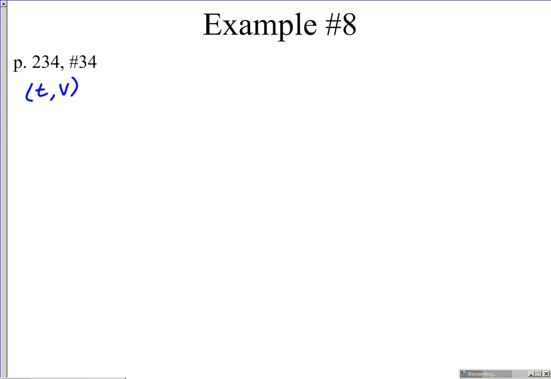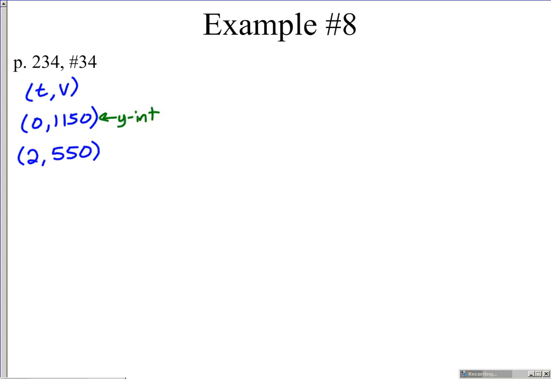What ordered pairs are we given? Well, we know brand new, so after no time has passed, the computer sold for $1,150. And we know after 2 years that the computer was valued at only $550.